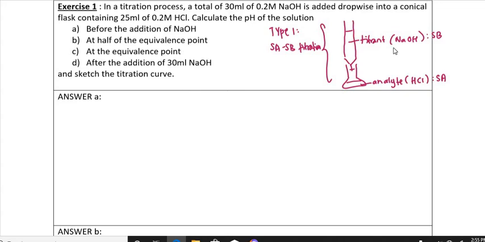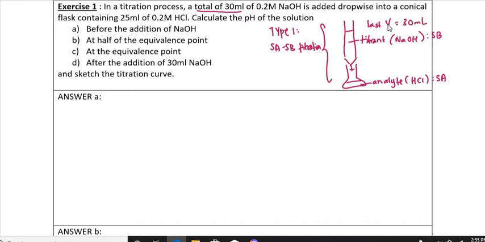Volume for the titrant is given about 30 ml. That means the last volume NaOH added to the analyte is 30 ml.